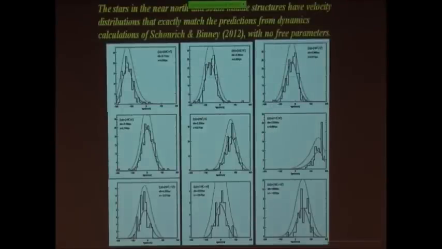In fact, we took the predictions of the Schönrich and Binney dynamics calculations, which include the asymmetric drift calculations for the disk, and this red line is the model. We fit the model prediction, no free parameters, to the velocity distribution that we got in each of the panels where we had enough data that we could do it.